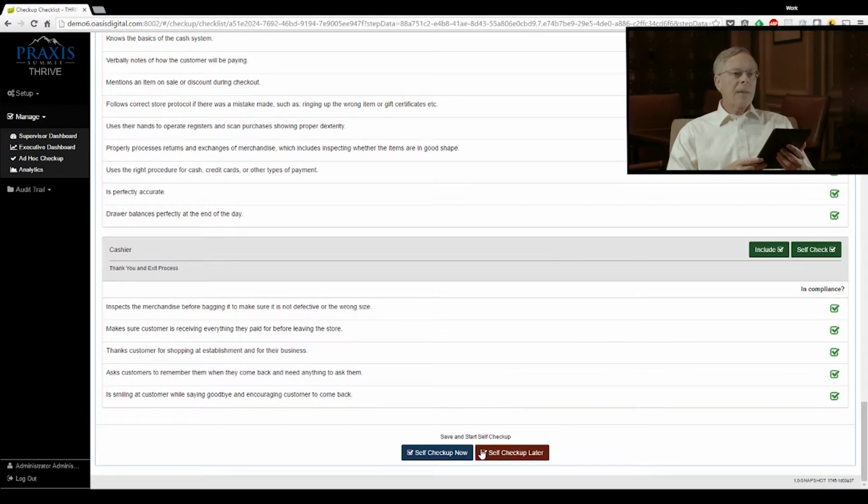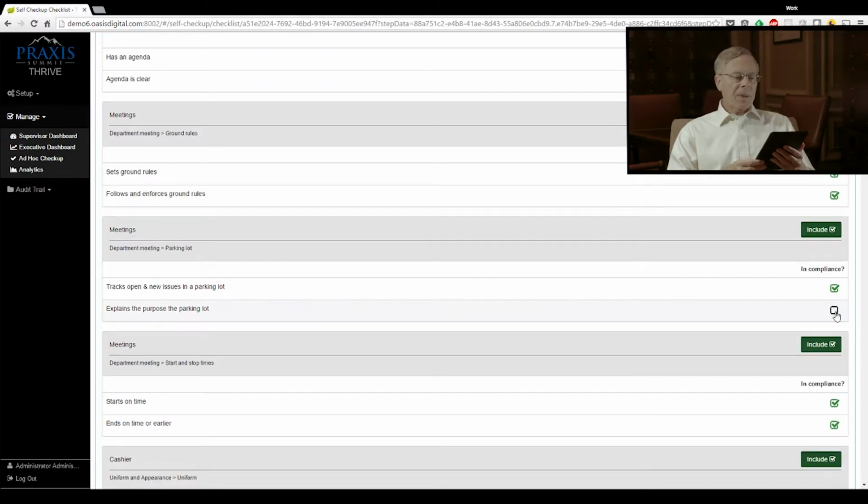If there was time, they would hand the tablet device to the employee, and they would do a checkup on themselves. They would evaluate what they had just done, and this is an important part of the learning process. If this couldn't happen right at this time because it's a quick-moving operation, this can be done later by the employee.